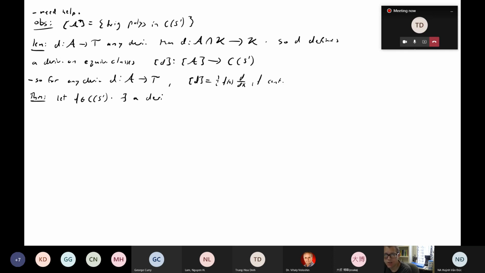Let f be a continuous function. There exists a derivation, d sub f, taking this script A to the Toeplitz algebra, so that the class of this d sub f is precisely this thing. Given any f, you can always find a derivation that will have this property. Now, the real question remains: what is this d of f? Once you take out the compacts and quotient by it, you get that this is what it has to be.